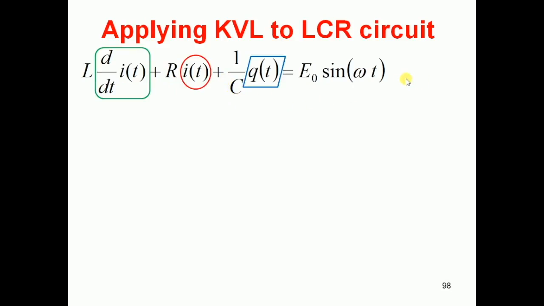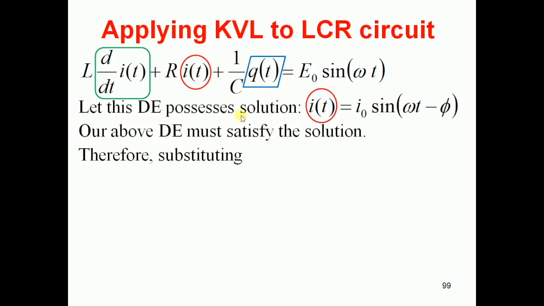Now here we are interested in finding I of t to make analysis of this circuit complete, and for that the unknown quantity that we want to find out is here, which is having a hidden functional dependence in Q of t and the time derivative.